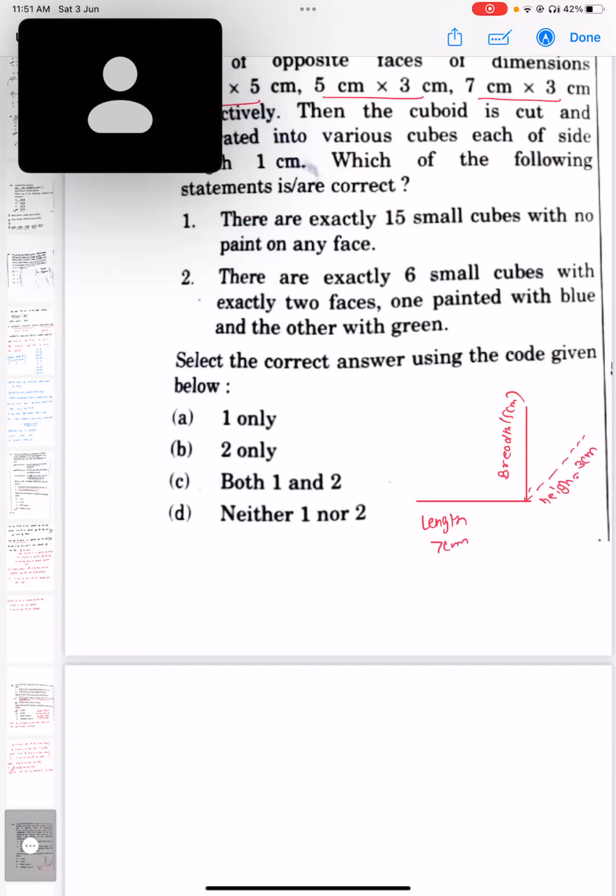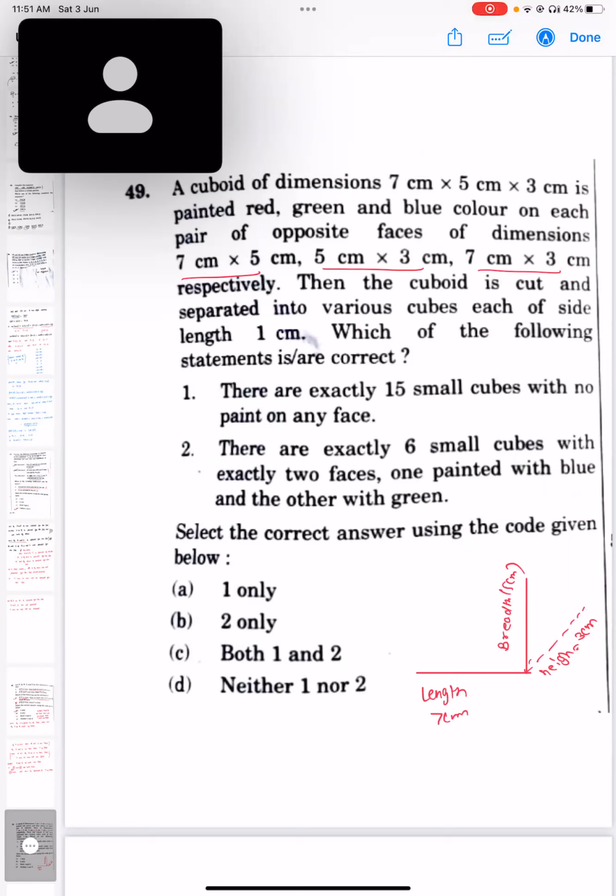It is painted red, green, and blue on each pair of opposite faces. The 7 cross 5 centimeter face is painted red. So basically, the upper face and bottom face of the cuboid are red.